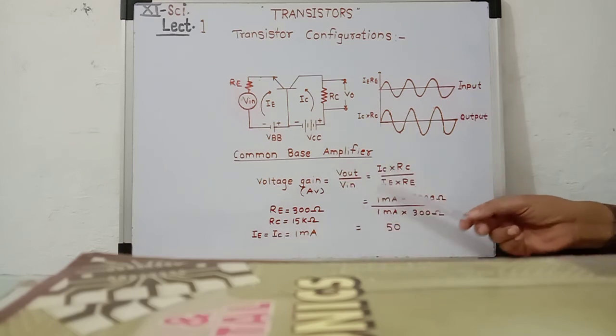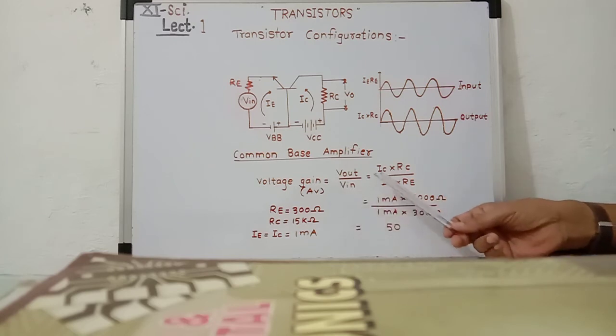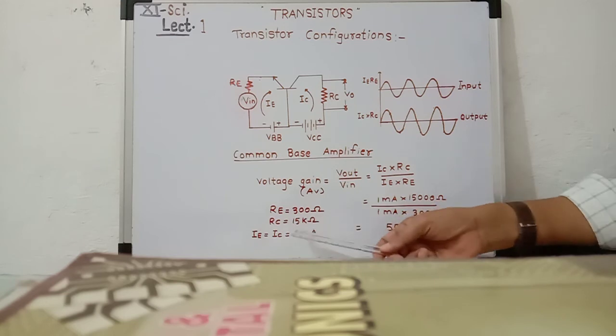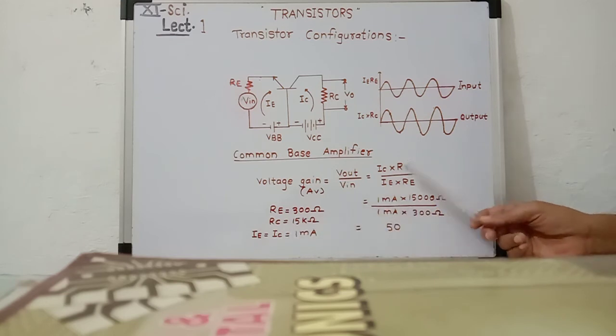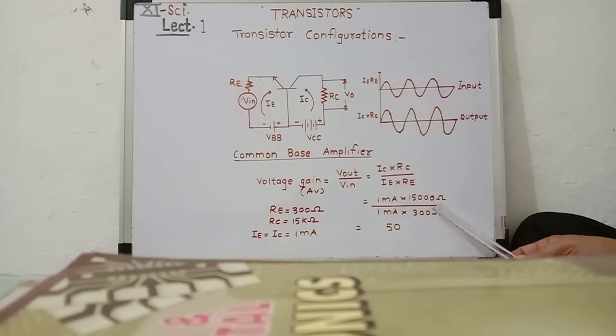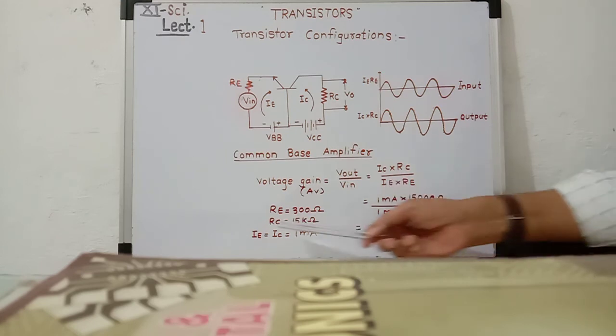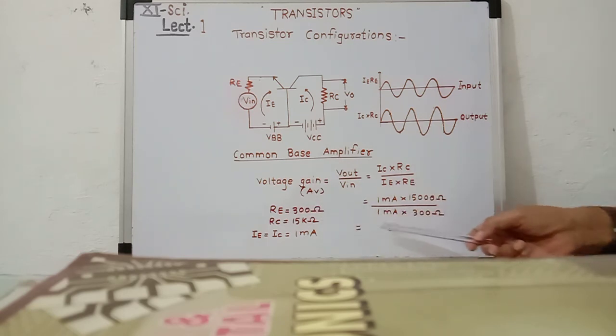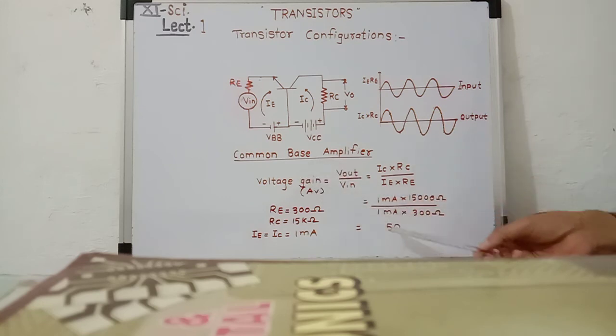Substituting these values, IC is 1 milliampere into RC, 15 kilo ohm means 15,000 ohm, divided by IE, 1 milliampere, into RE, 300 ohm, and that is equal to 50. So the voltage gain is 50.